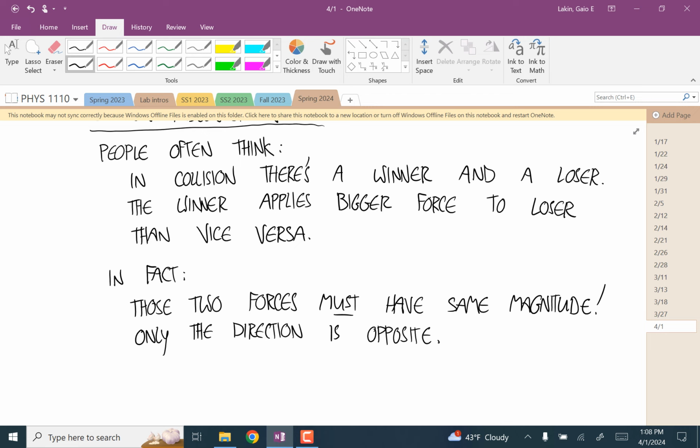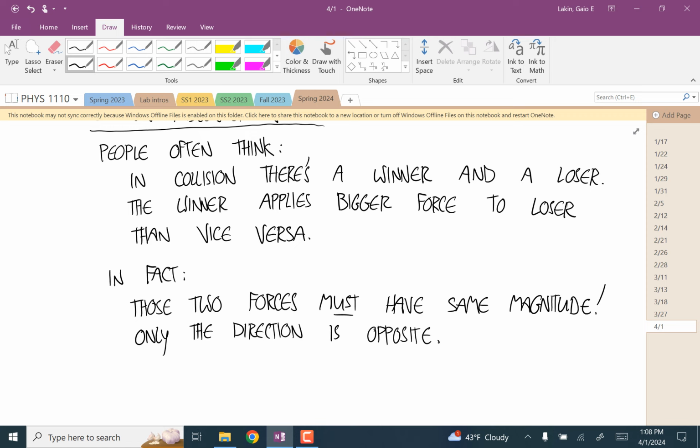The ball flies 500 feet or whatever. The bat doesn't look like its motion was affected very much by the ball. And so what I'm saying here, and this is a really important principle, Newton's third law, says that the magnitude of the force the bat applies to the ball is exactly the same as the magnitude of the force the ball applies to the bat.